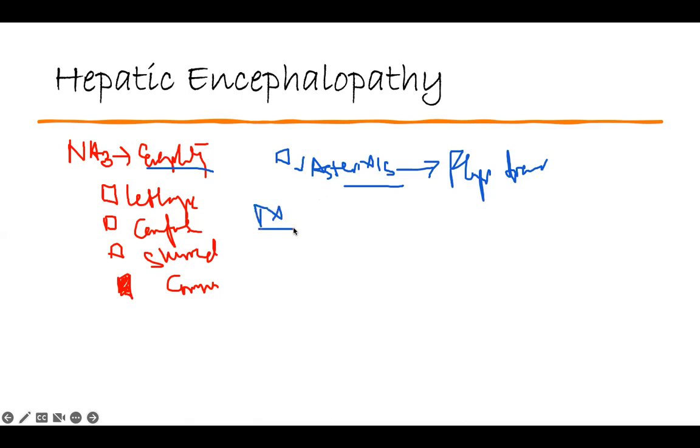How do you treat this? And this will go into pharmacology. The best way is to take away the ammonia, but how, when the liver doesn't work? So the treatment is, give them lactulose. This is a laxative.